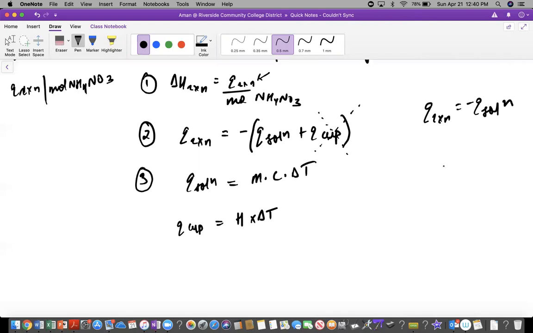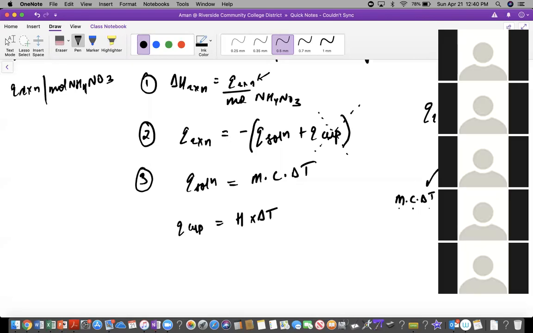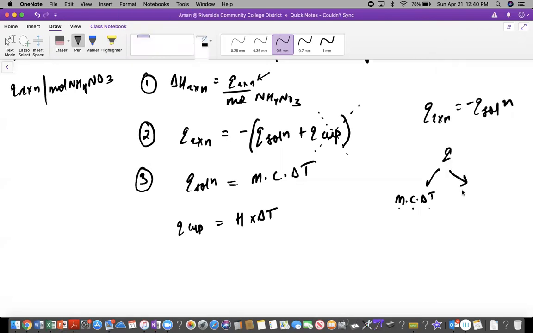So guys, do you remember that there were two formulas for Q? There's MC delta T. That's one formula, which has mass, specific heat capacity, and delta T. And then there's C delta T, heat capacity times delta T. This C is heat capacity. On the other hand, this c is specific heat capacity.